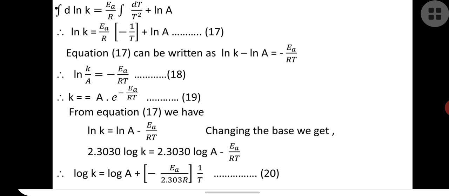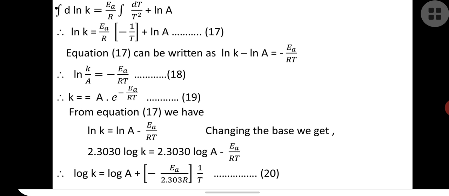Integration of 1 upon T square is minus 1 upon T. By substituting this value, we get ln k is equal to EA upon R into bracket minus 1 upon T plus ln A.